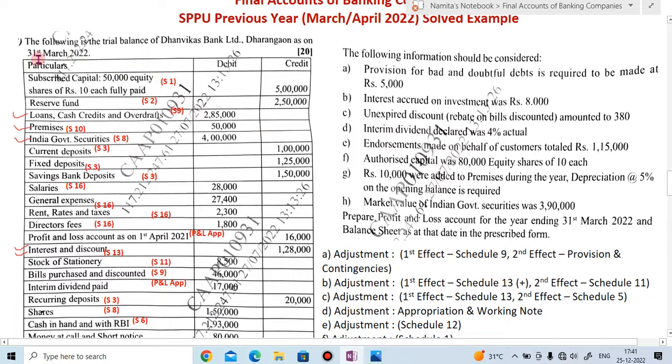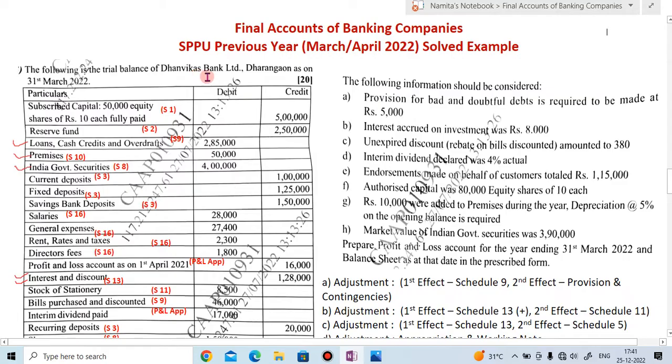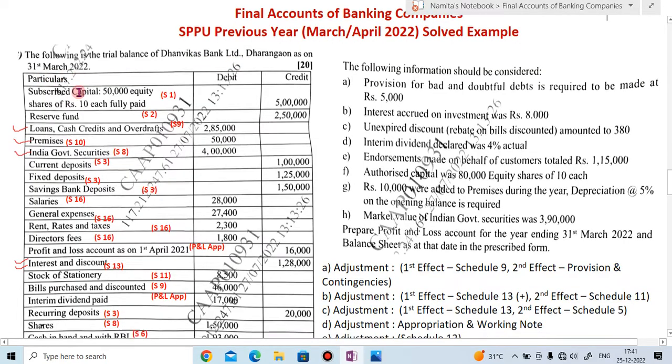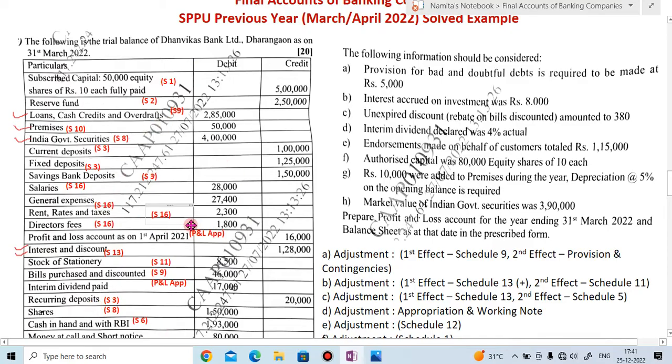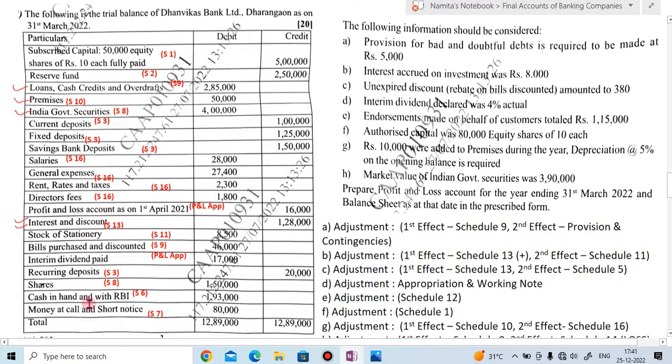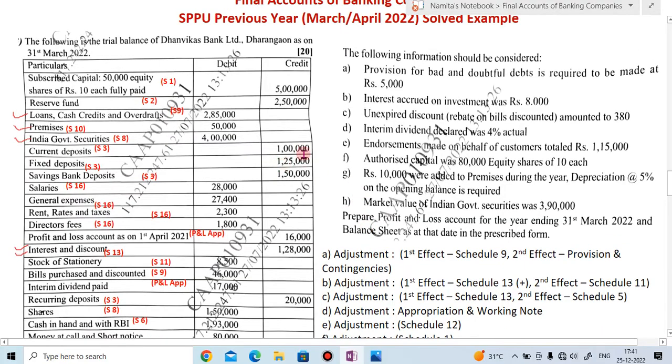The example is given. The following is the trial balance of Dhan Vikas Bank Limited as on 31st March 2022. So this is the trial balance of Dhan Vikas Bank Limited, and in particulars the information is given. You can read the information, and next along with the trial balance there are some additional informations.